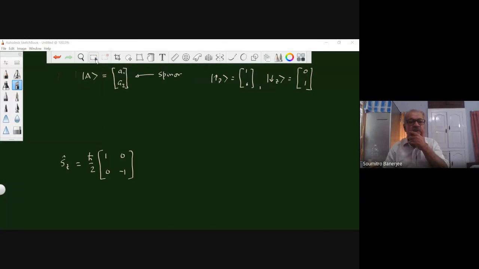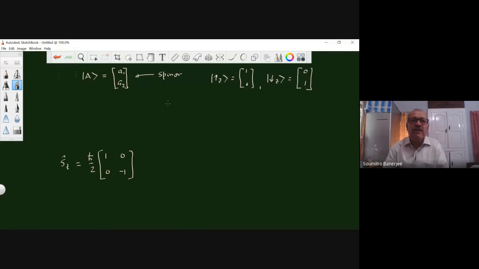We know that the orbital angular momentum in the three different directions do not commute with each other.